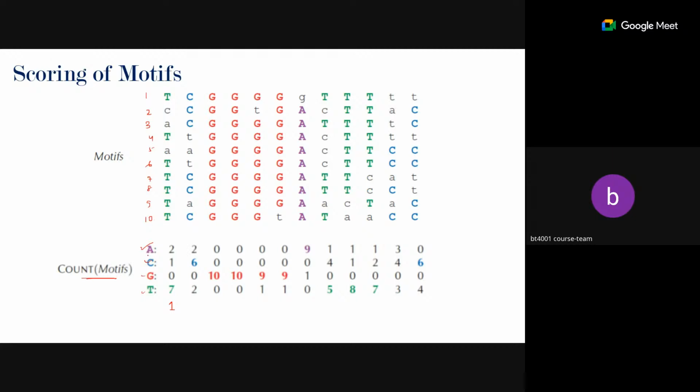Let's begin with A. A occurs exactly twice at position number 1, once in the 3rd motif and once in the 5th motif. So the count of nucleotide A at position 1 is 2.